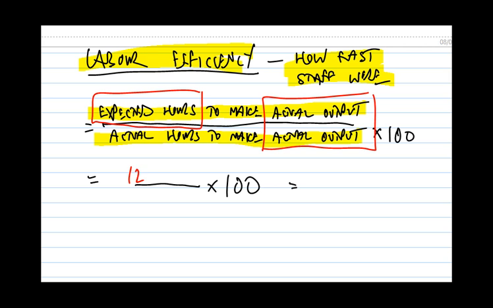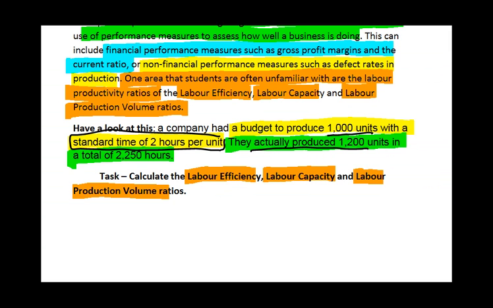For 1,200 units, the standard time per unit was 2 hours, wasn't it? So the expected hours would be 2,400 hours. We then divide that by the actual hours to make actual output. The actual hours that they took was 2,250.